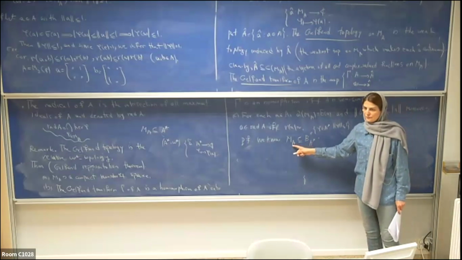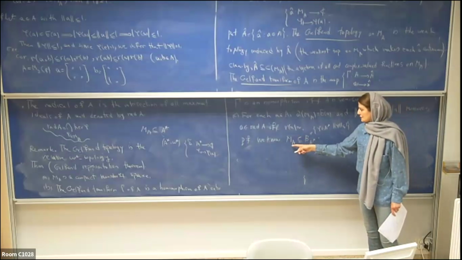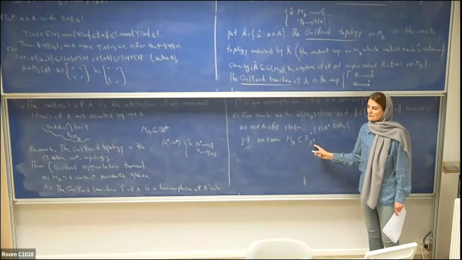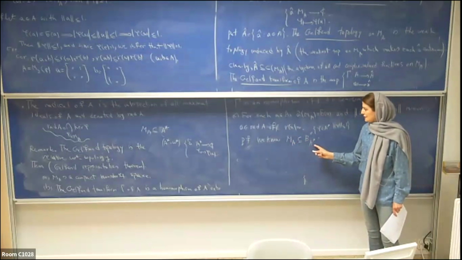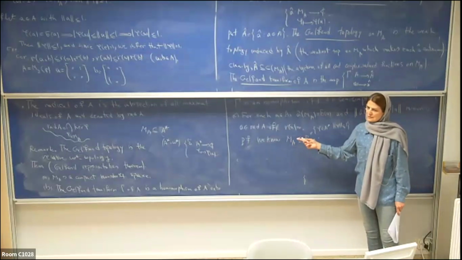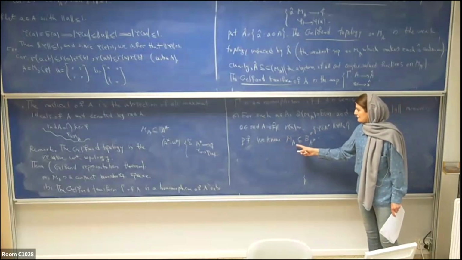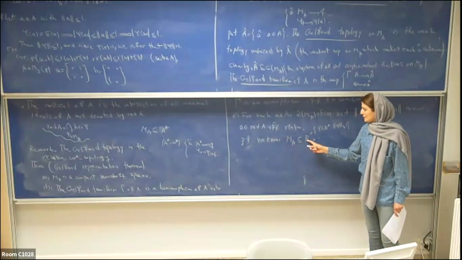It will be Hausdorff because it's just with the relative topology, and it is also compact by the Banach theorem. To show the space is compact Hausdorff, it's enough to show that M of A is a weak star closed subset of B of A star.